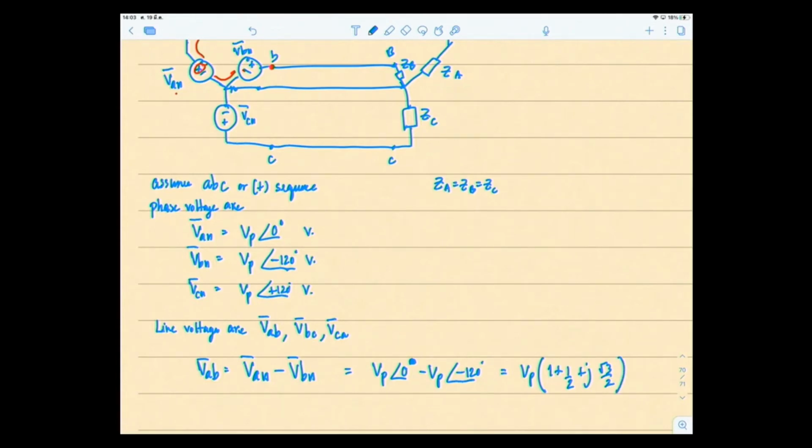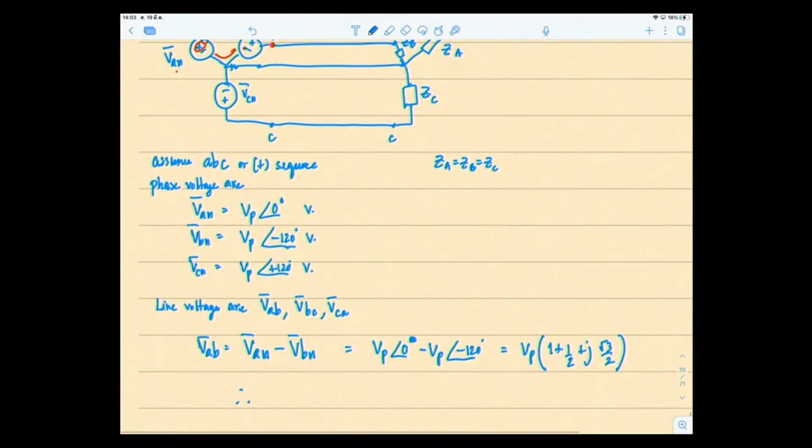And my answer at the end is VAB equal to root 3 V phase, and the angle is 30 degrees volt. That's my VAB.